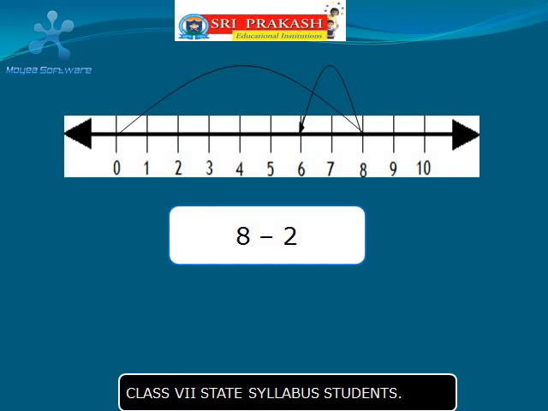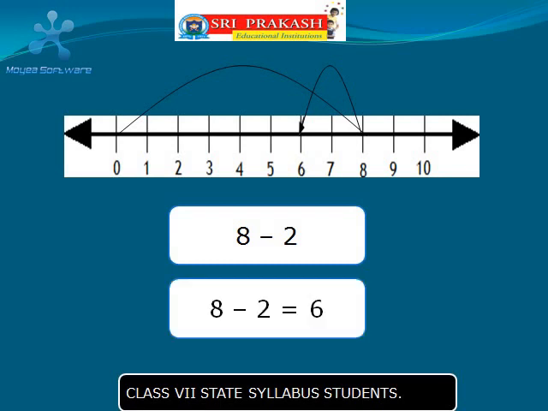Minus means we should move towards left hand side. By how many units? By 2 units. So let us move towards left hand side from 8 by 2 units. That means 7, 6. We reach at 6. That means the answer for 8 minus 2 is 6.